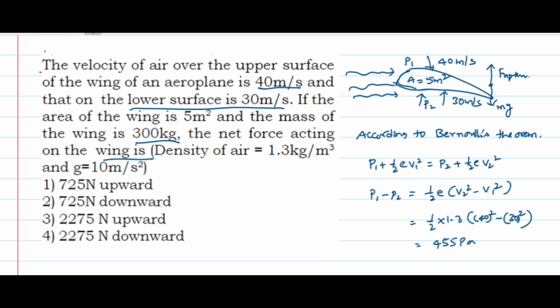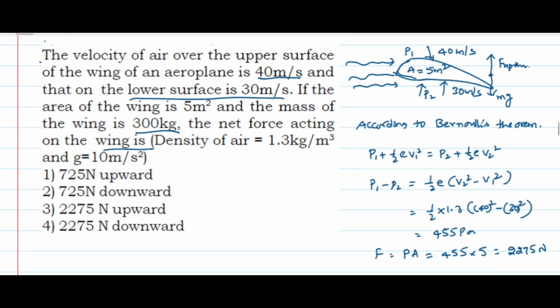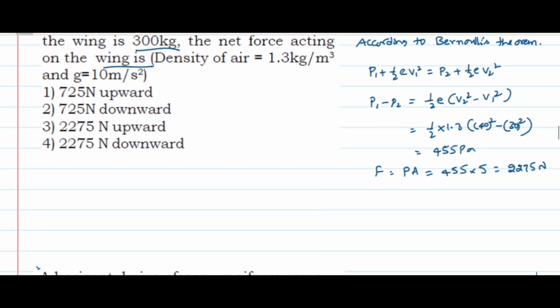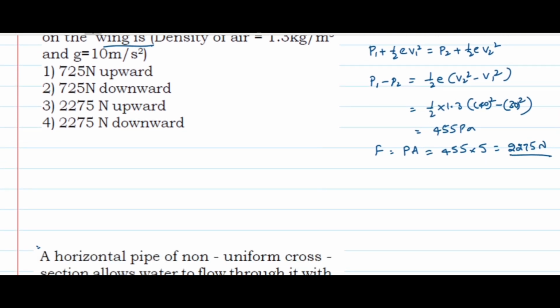Now force equals pressure into area, so 455 into 5, since the area of the wing is given as 5 meter square, which gives nearly 2275 newtons. Due to the pressure difference there is an upthrust, and that upthrust value we have calculated as 2275 newtons.